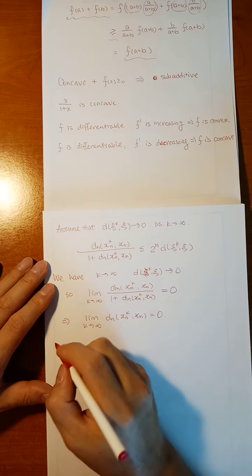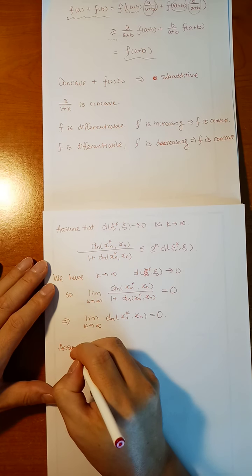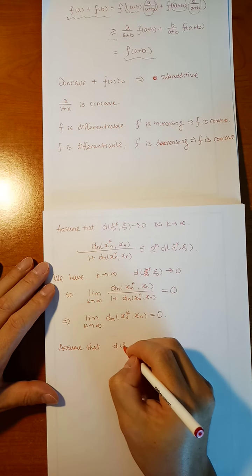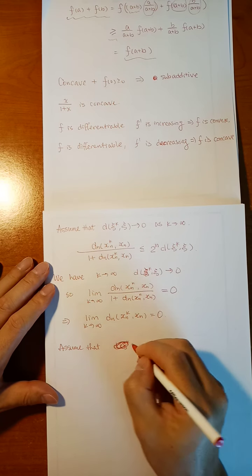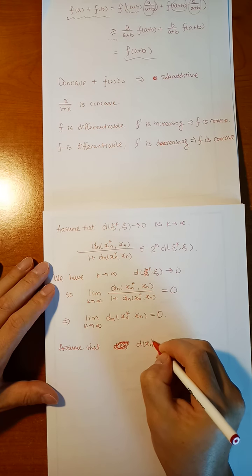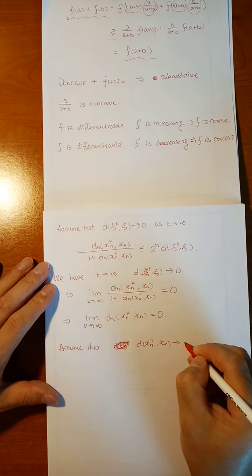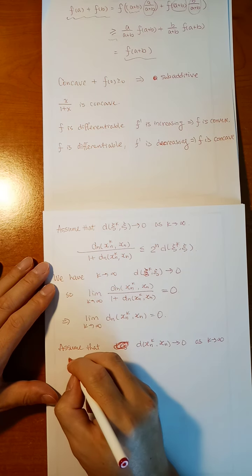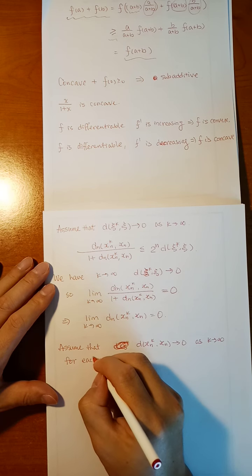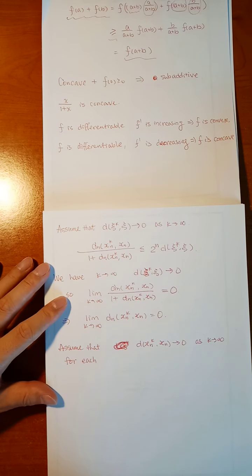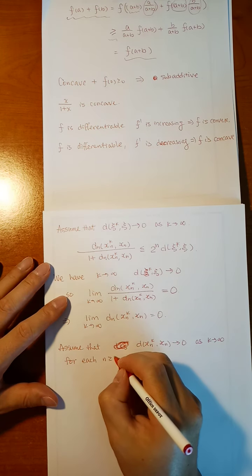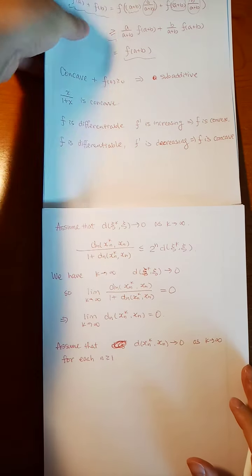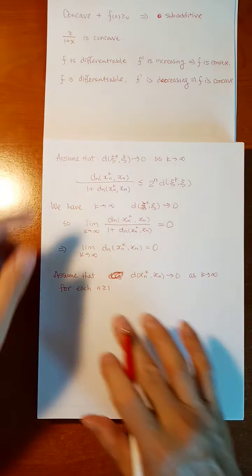All right? And second, assume that d_n(x_k^n, x^n) approaches 0 as k approaches infinity for each n greater than or equal to 1. Assume component-wise the sequence converges to the given x.